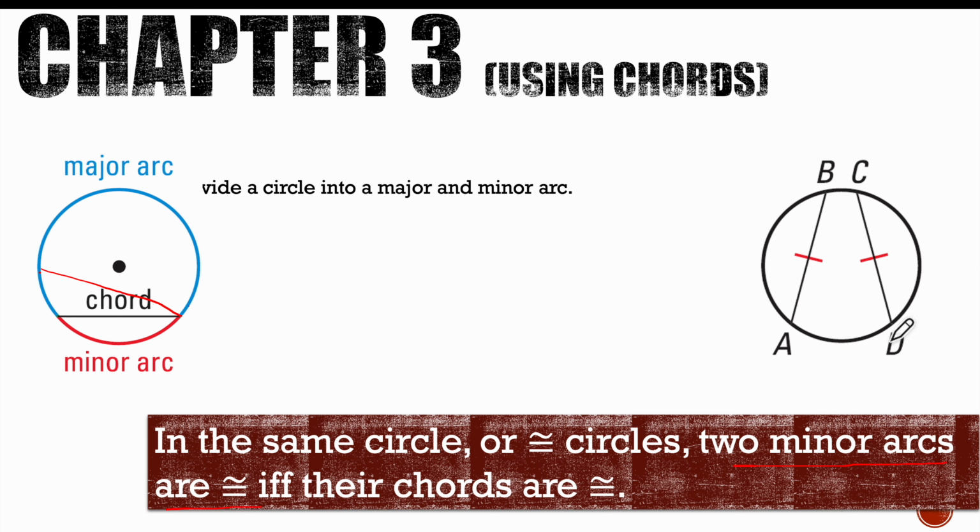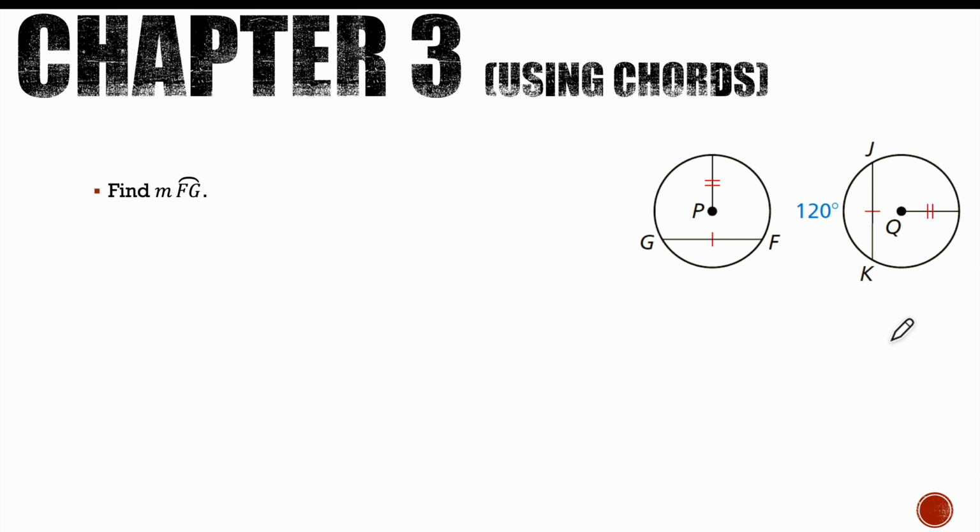So here tell me how much would be the measure of FG. Which means this one would be how much? What is the measure of JK, sorry? JK is 120 degrees because the central angle here is 120. That is what is indicated here for JK.